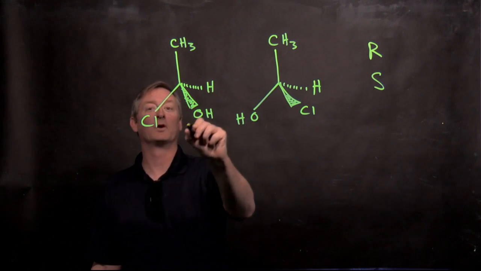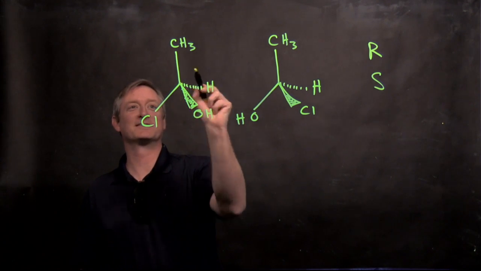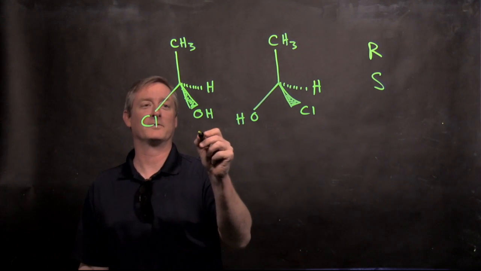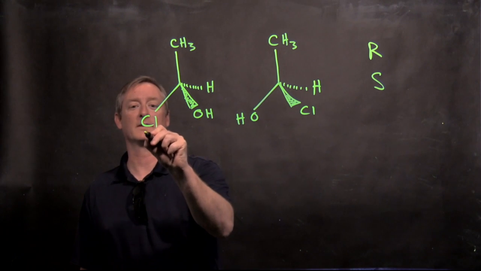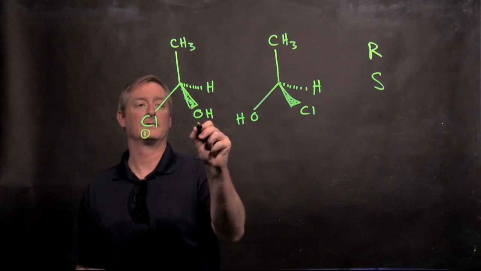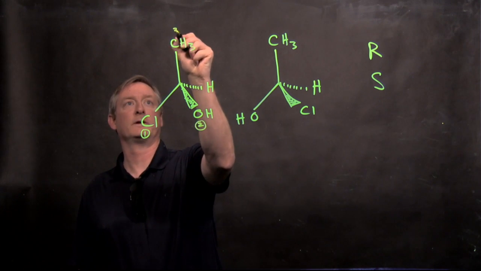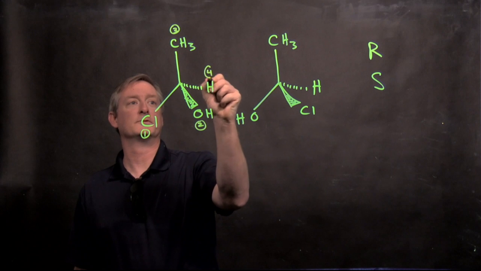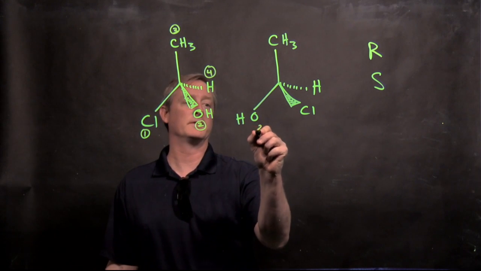So we're going to rank our substituents around this chiral carbon as we know how to rank. So this will be rank number 1, 2, 3. Hydrogen is 4th. The same over here.